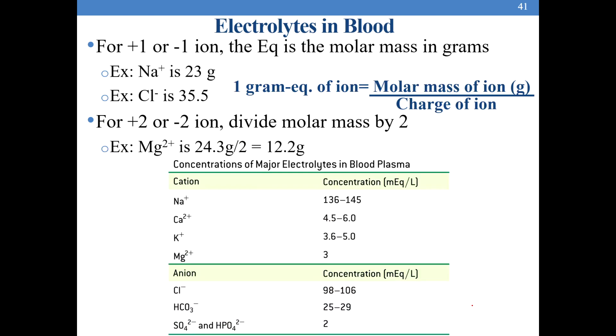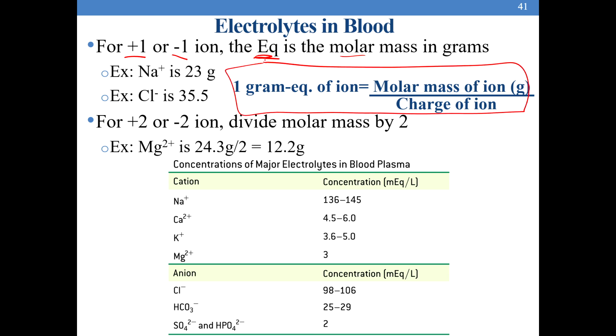Okay, so if I have a +1 or a -1 ion, the EQ, once again, is this blue formula, the molar mass divided by the charge. Well, sodium is 23 grams per mole in terms of its molar mass, so you would just say 23 divided by, sodium forms +1, divided by 1, and therefore the molar equivalent is 23.